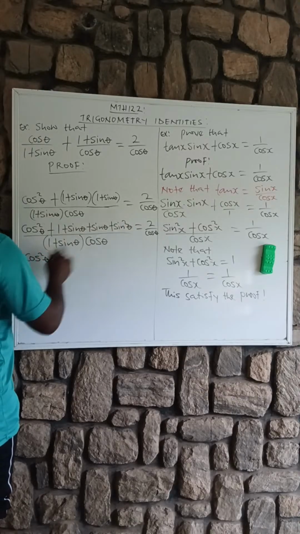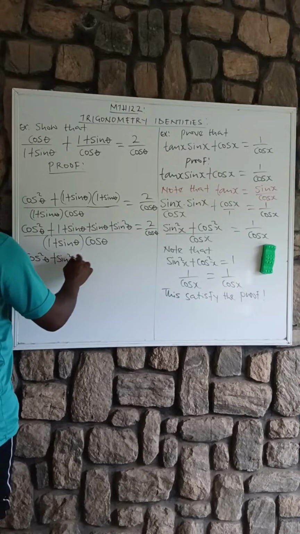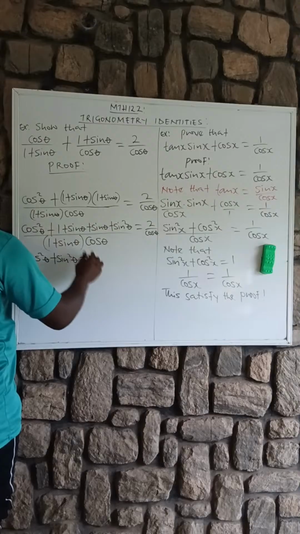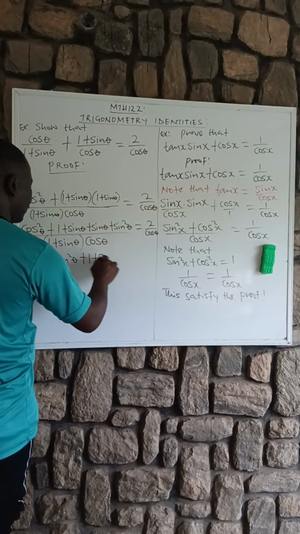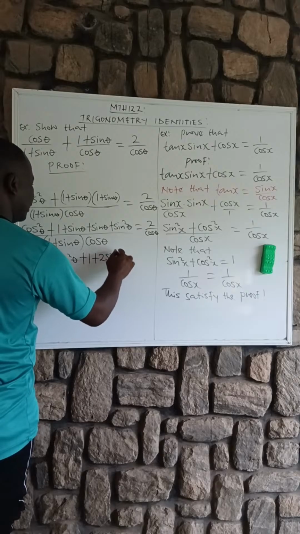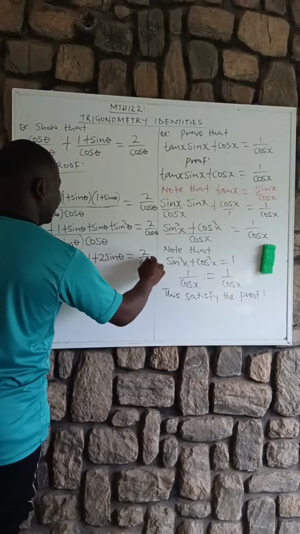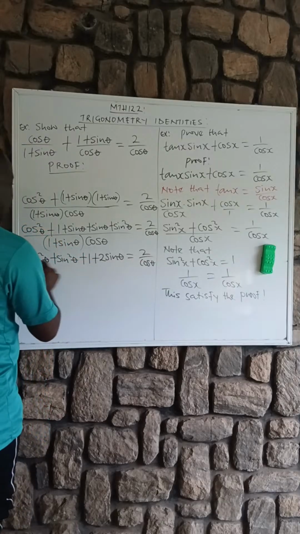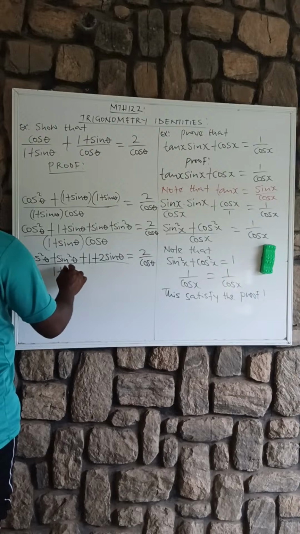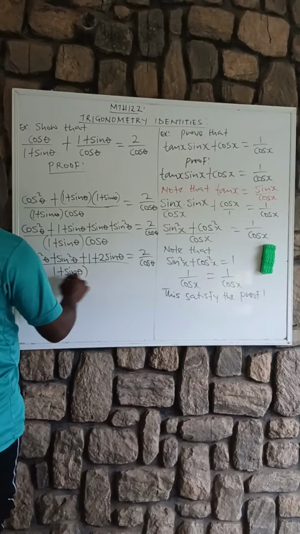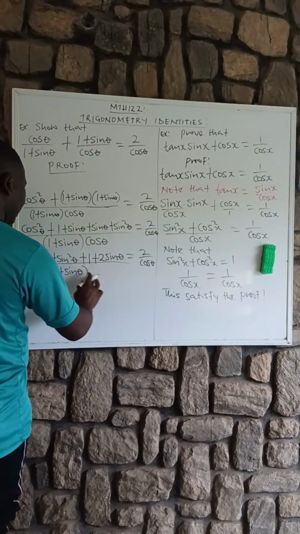We can bring this one here, sin square theta plus 1 plus sin theta, 2 sin theta, equals to 2 all over cos theta, then all over 1 plus sin theta times cos theta.